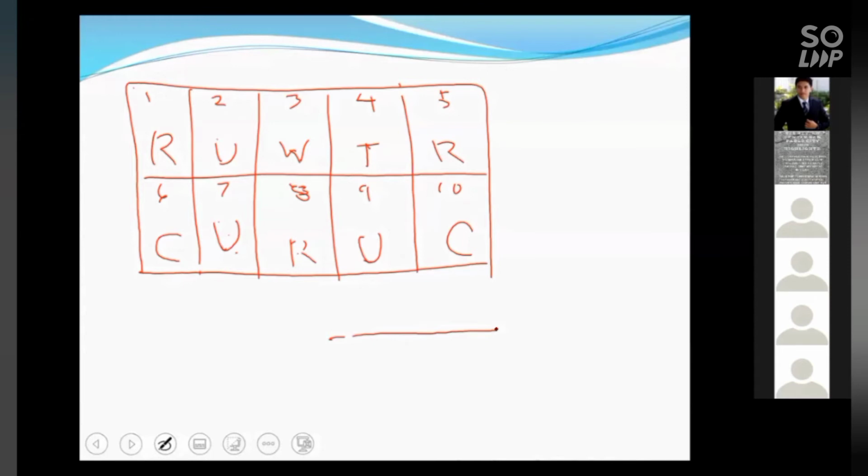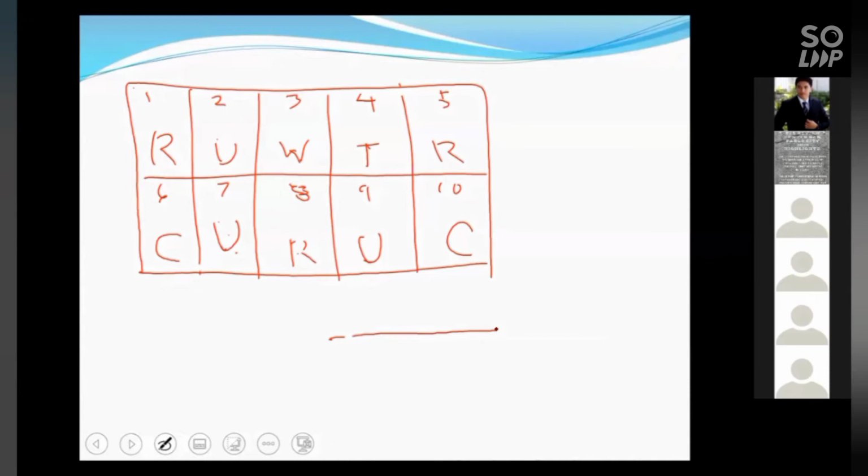Magsimula tayo muna sa denominator. Okay. Number 1 is not a whorl. Number 3 is a whorl. So what is the value of this group? It is 8. And then pagdating mo sa 5, it is not a whorl.